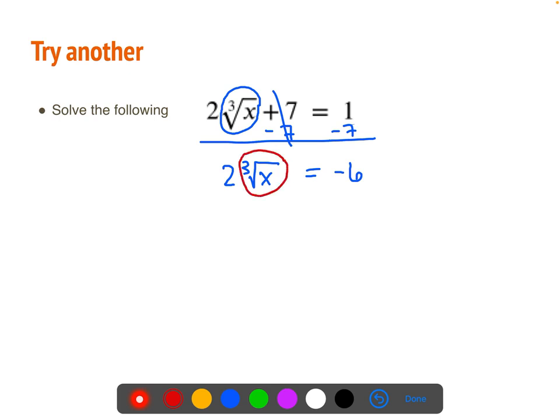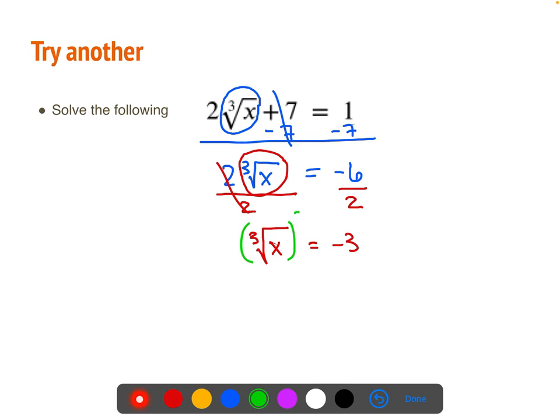But he's still not isolated. He's got a 2 in front of him, so I'm going to divide by 2 on both sides. So now I've got cube root of x. Negative 6 divided by 2 is negative 3.